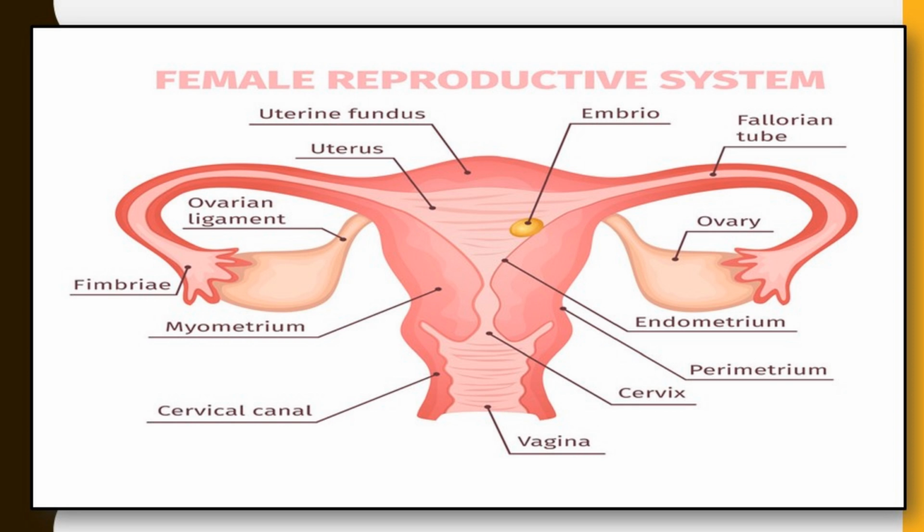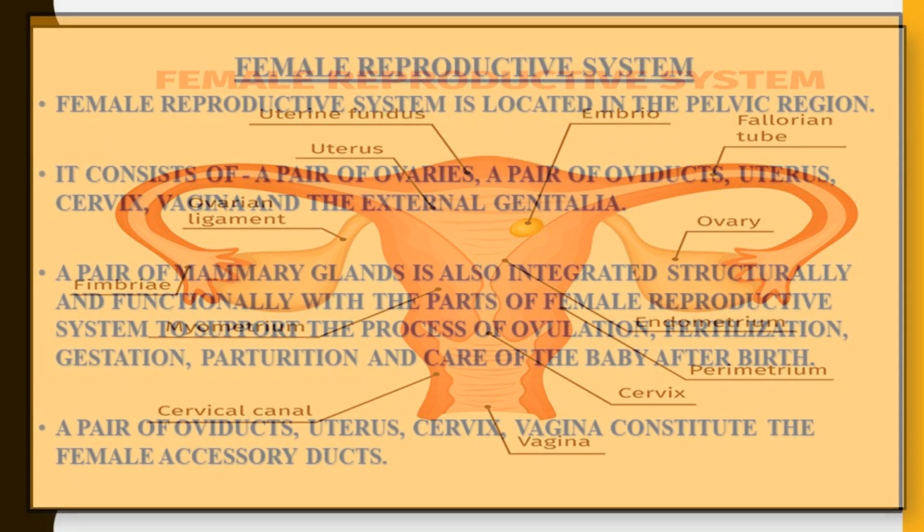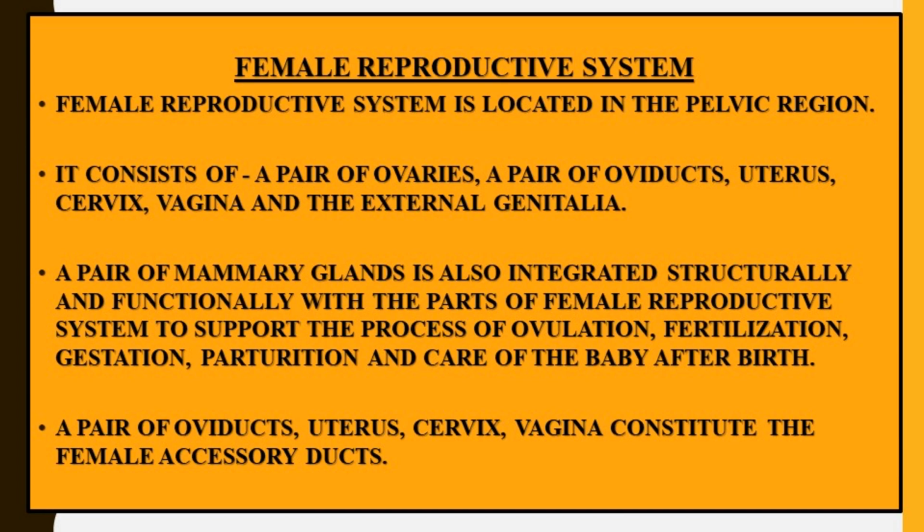Then you can see the uterus and the layers of the uterus, endometrium, myometrium, perimetrium. Then you can observe the cervix, cervical canal, and the vagina. Now we will look into each of the parts in detail. The points we had discussed are given in this slide.